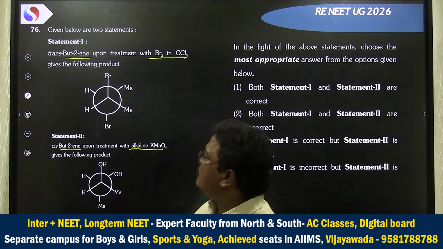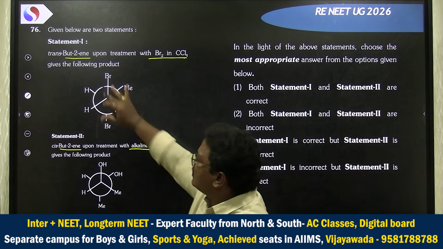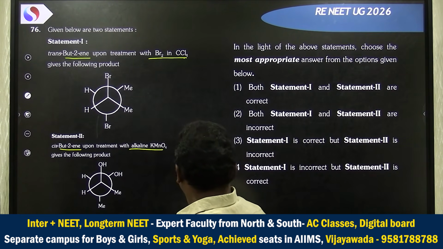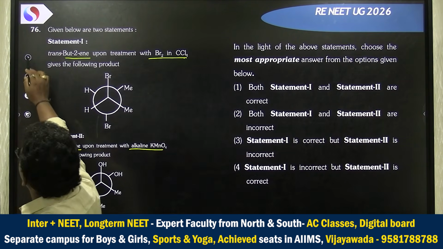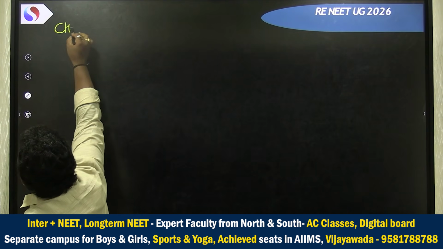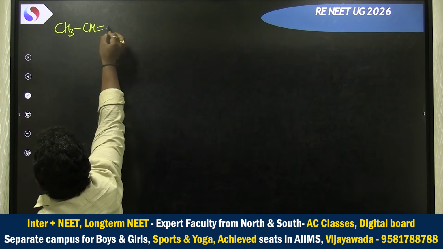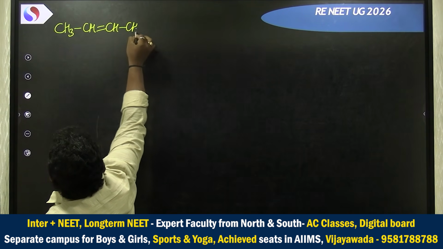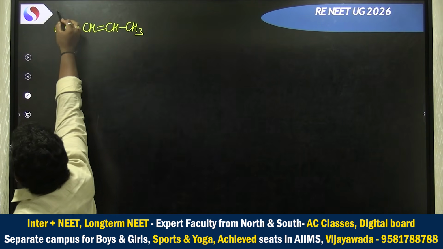So let us discuss what the reaction is for these two. Observe here. I'm taking the alkene, that is 2-butene. First, I am discussing the statement 1 case.